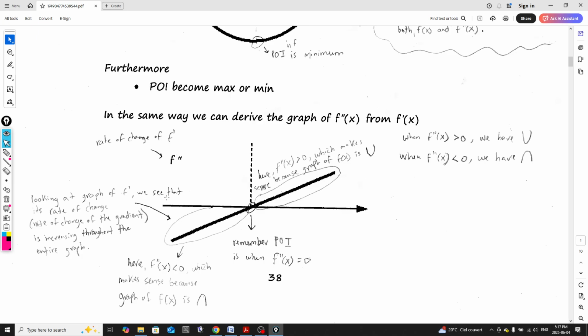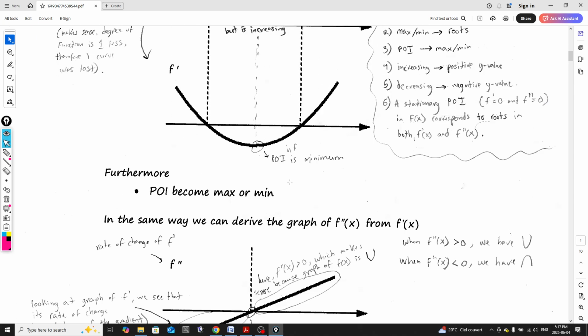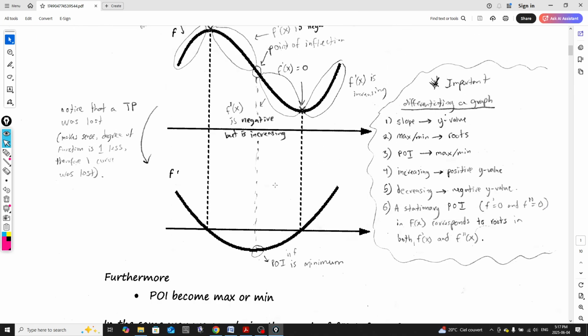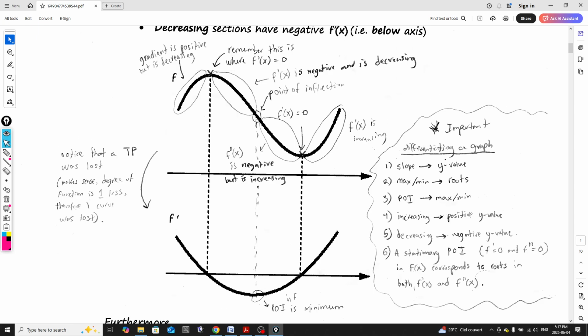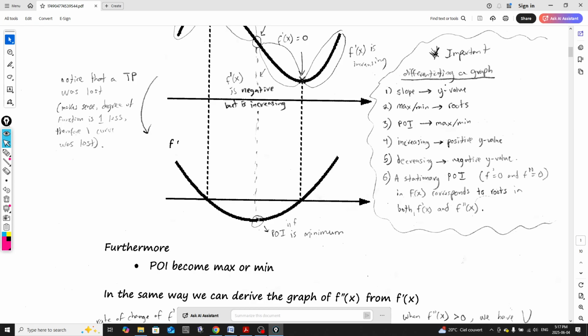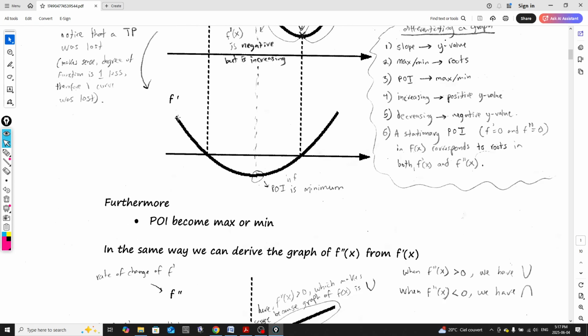Now notice that everything before this minimum right here, which we know from up above was the point of inflection, the rate of change, so the slope of f prime here, was all negative.